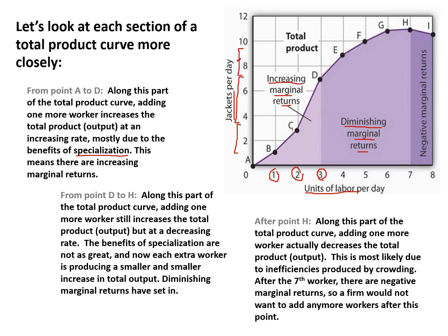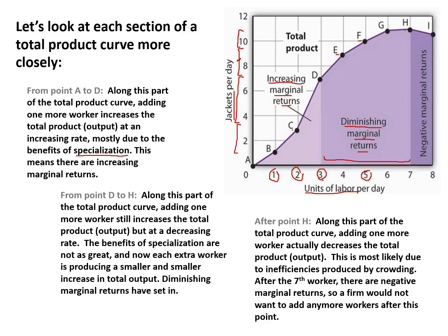So we get this increase in jackets per day between D and E, and we get a smaller increase in jackets per day between E and F. Okay, so when we add each additional worker, we do increase our output, but at a smaller increase in output for each additional worker. So this is the section between D and H that we describe as diminishing marginal returns.